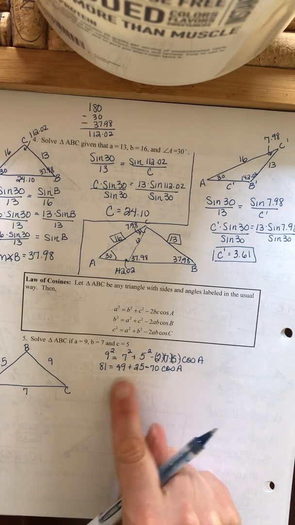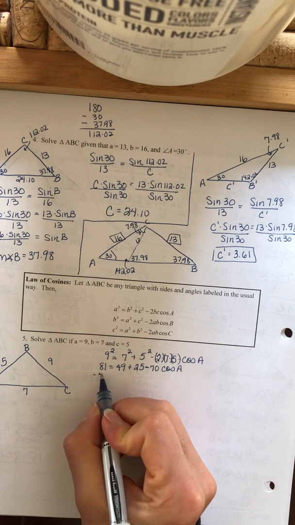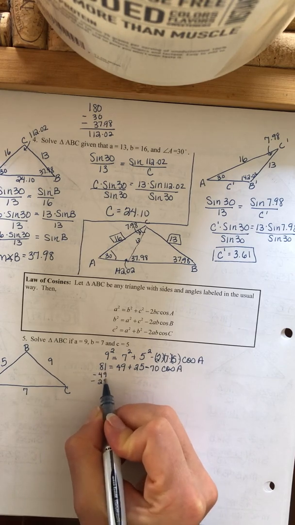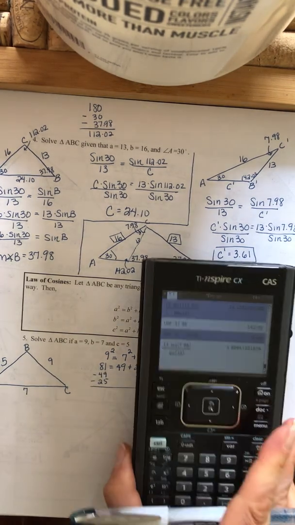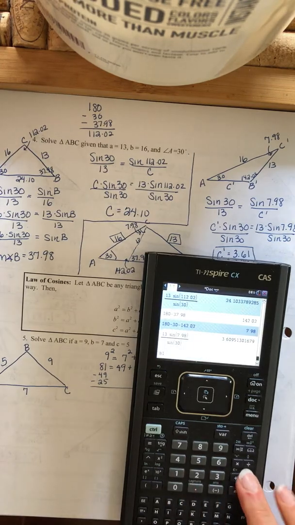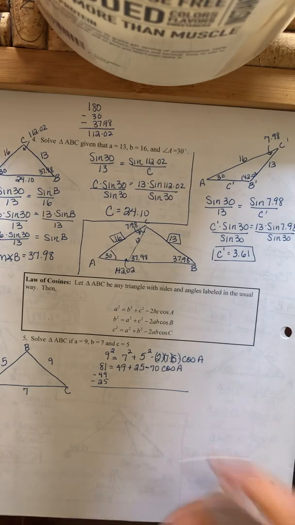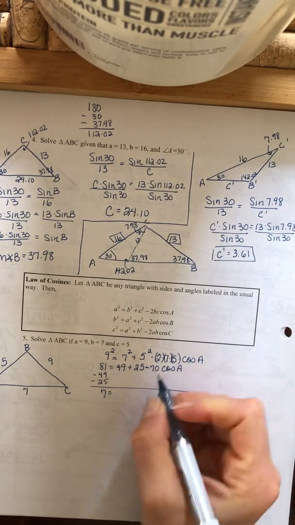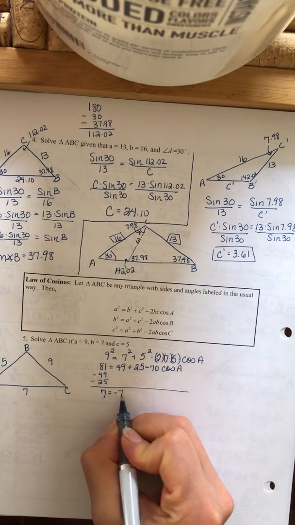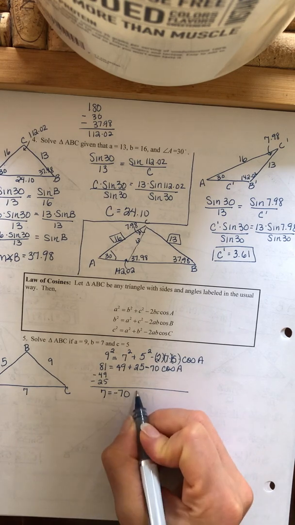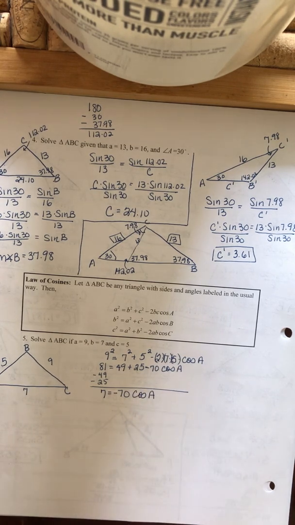So you could either add and then subtract, or just think you have to subtract over the 49, subtract over the 25. Okay, so we have 81 minus 49 minus 25, and that gives us 7. Watch your signs here. See how that's a minus 70? Don't drop that negative. So minus 70 cosine of A.